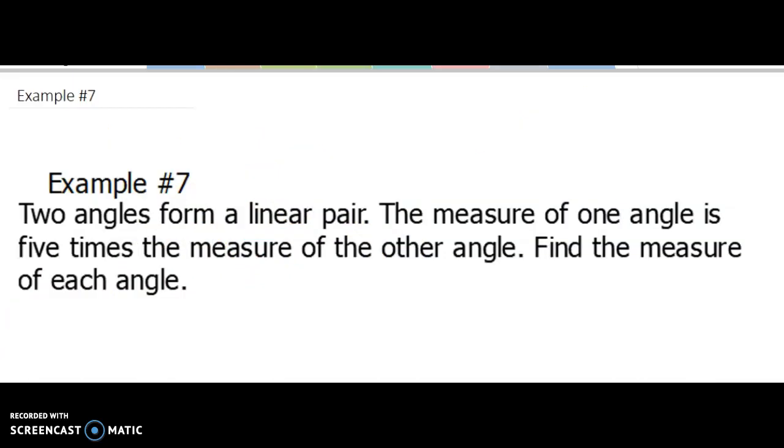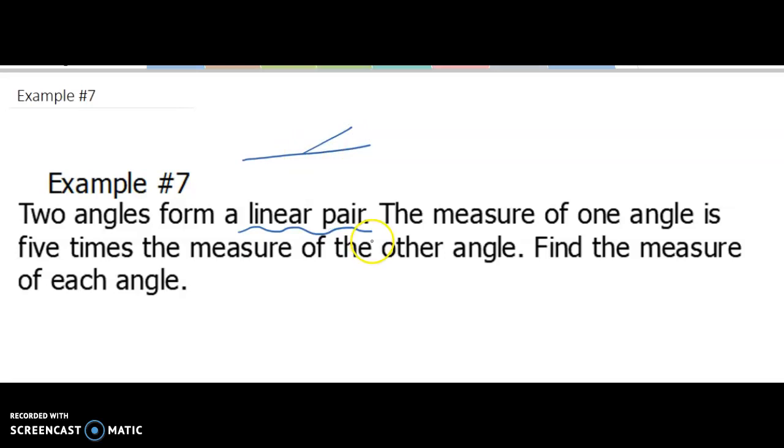All right, let's look at example number 7 together. So it says 2 angles form a linear pair. Now when you're reading these, it's a good idea to underline, highlight, bring to your attention the vocab words, and ask yourself, what does it mean? So linear pair is a vocabulary word, and linear pair means 2 angles that form a line. Okay, so together they form a line.